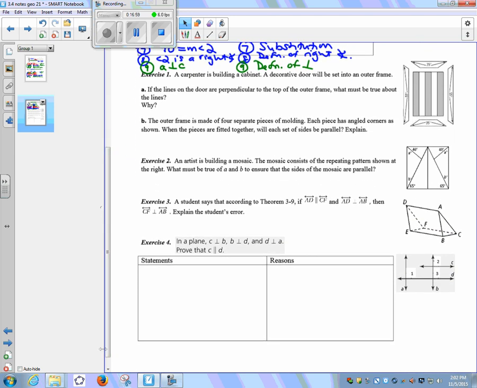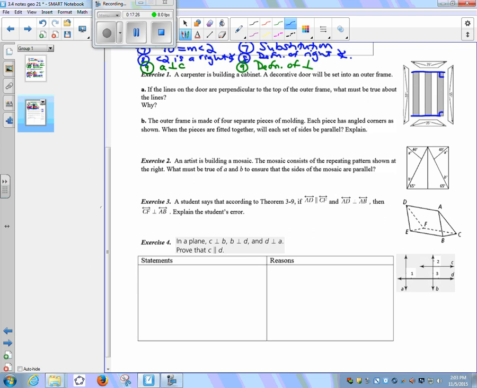Okay, there's some exercises here. I would like you to actually complete these exercises based on what we just learned about if two things are parallel and one is perpendicular, well then the other one has to be perpendicular. Or if two things are both parallel to a third line, then they have to be parallel to each other.